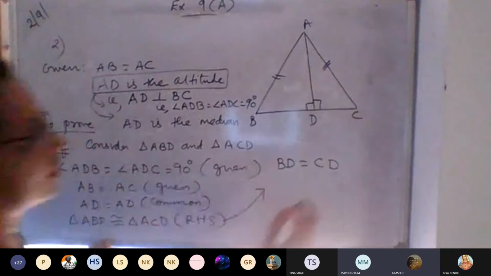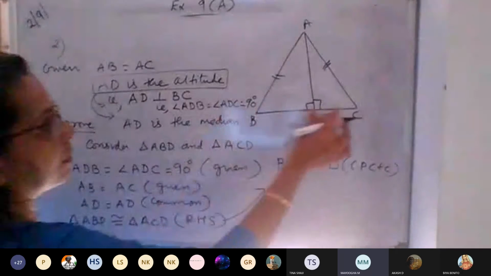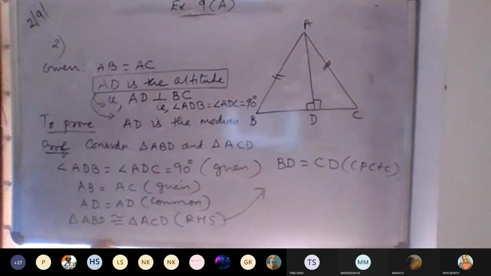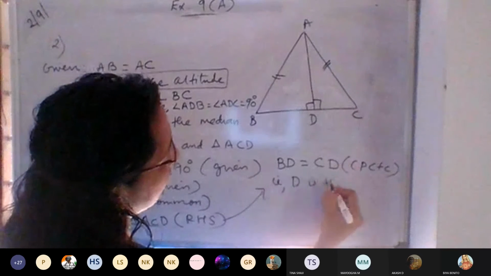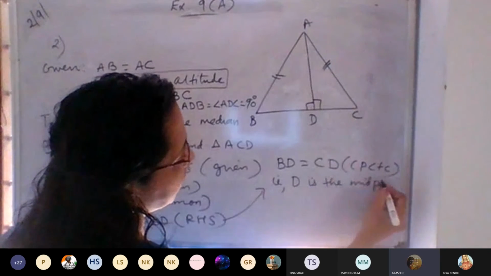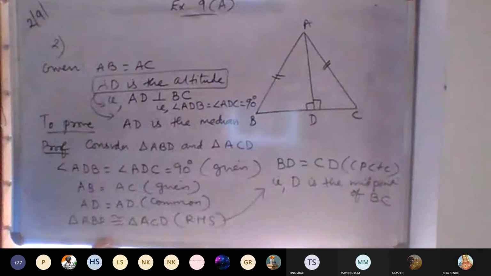Median, BD is equal to DC, means we can say D is the midpoint of BC. Since D is the midpoint of BC, we proved.